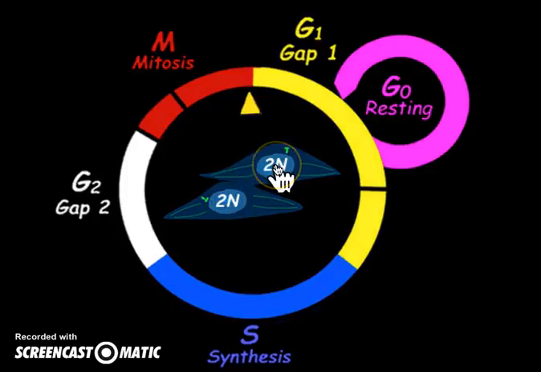Each cell has a diploid number of chromosomes, which is the correct number. And at this point, the cell membrane will close off and we will have 2 identical daughter cells if everything went correctly.